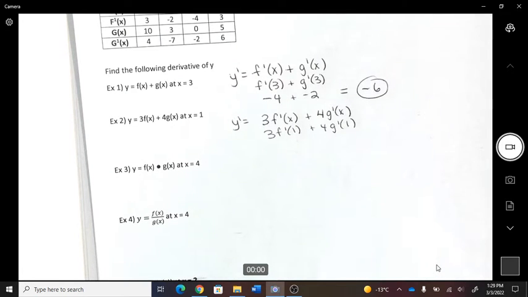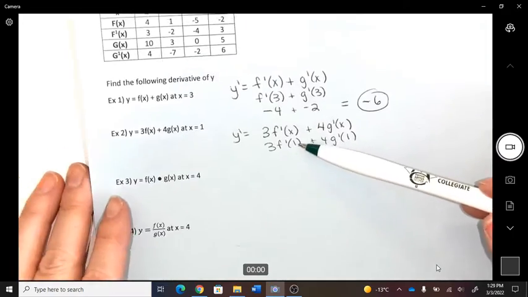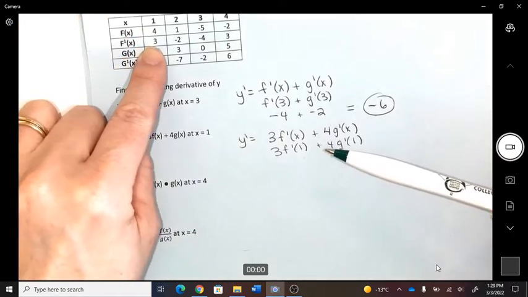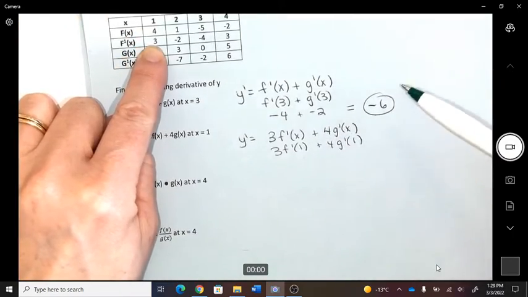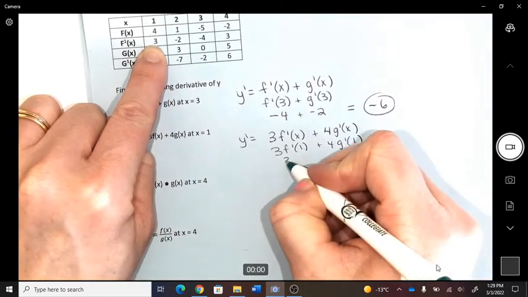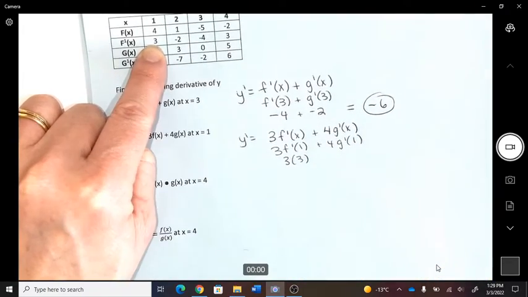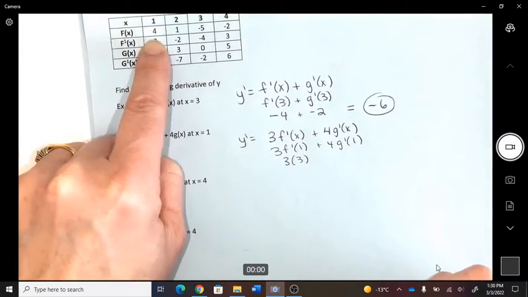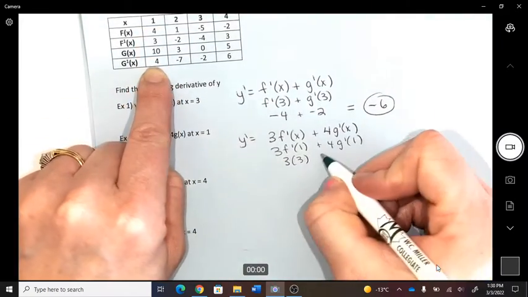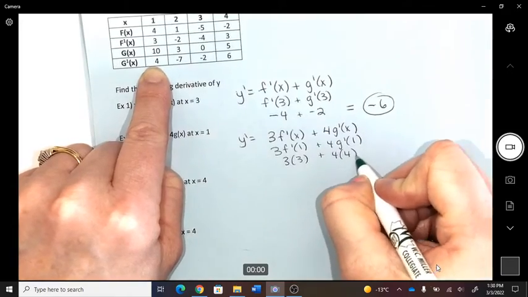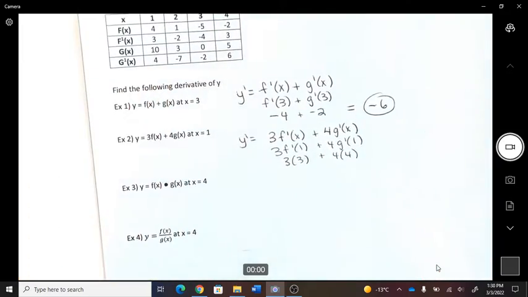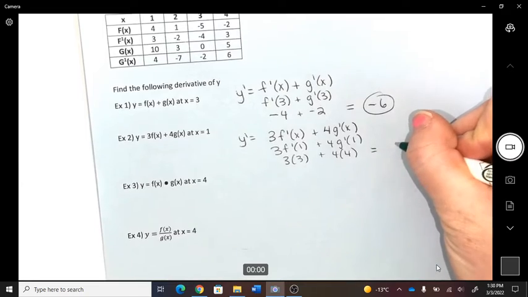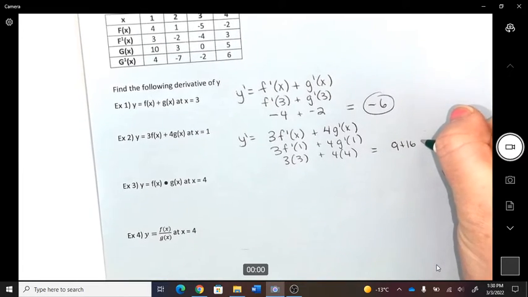So this is going to the chart, and you're going to have to go to an x value of 1. What is f prime? So right here, so that's 3. So 3 times 3. And at the x value of 1, the g prime is 4. So 4 times 4. And then what is 9 plus 16?